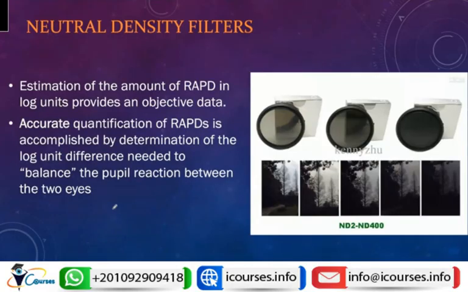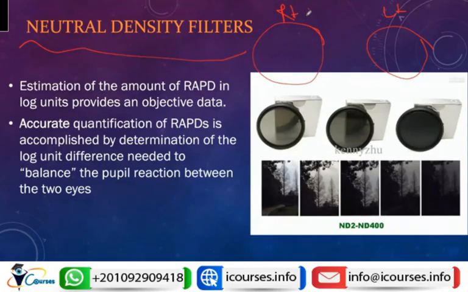This can be measured by another technique called the neutral density filter. The relative afferent pupillary defect can be measured through a technique called neutral density filter. So let me explain to you with the same example. Suppose that this is the left eye, which is normal, and this is the right eye, which is the abnormal one. So if we say that the left eye is normal by an amount of 100%, and this eye has lesions of about 10%, so it is working only by 90%.